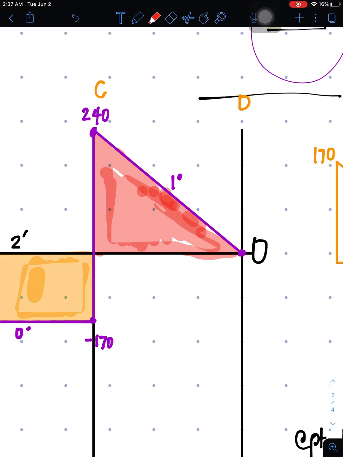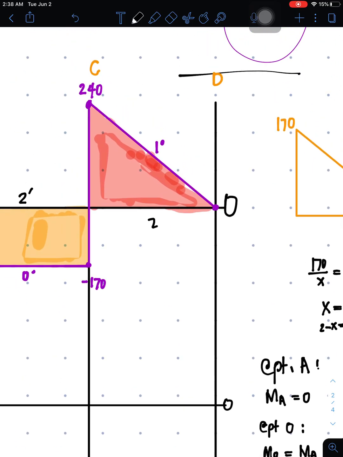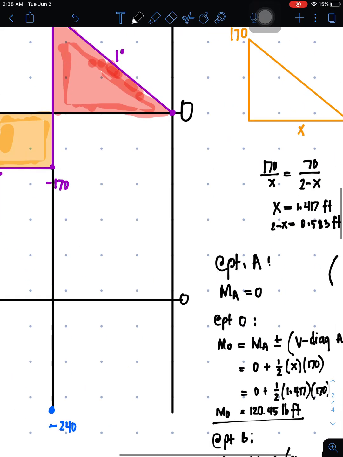So this is the area, and the area is a positive area. Positive area. So the area is 240 times 2, times 1/2. Okay, it's a triangle.